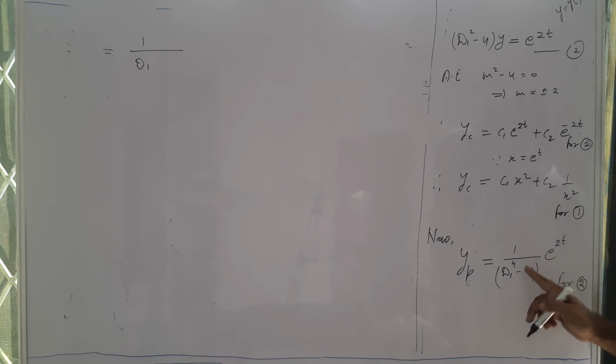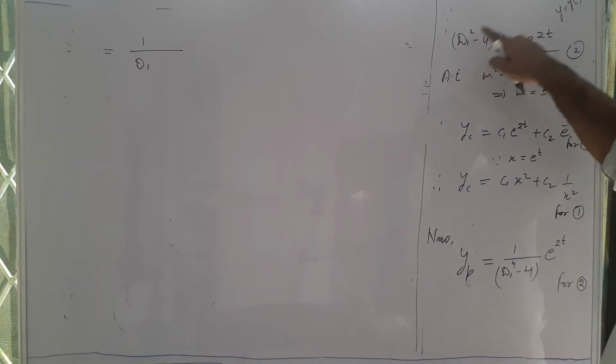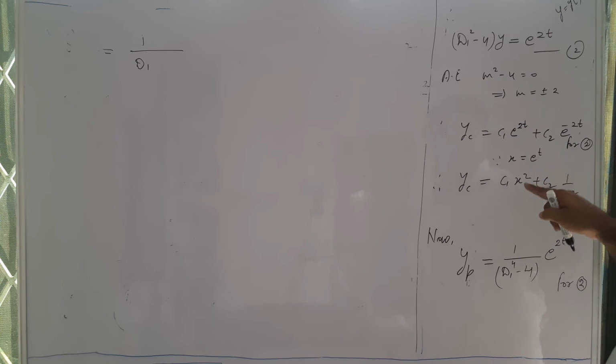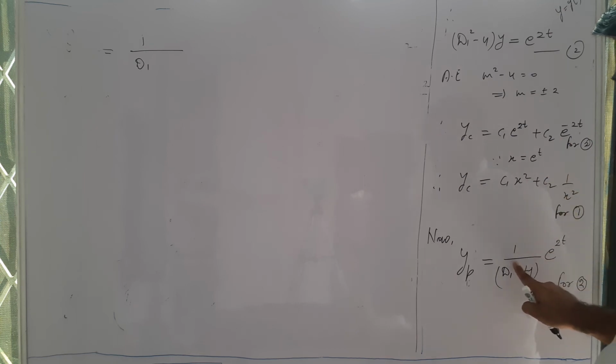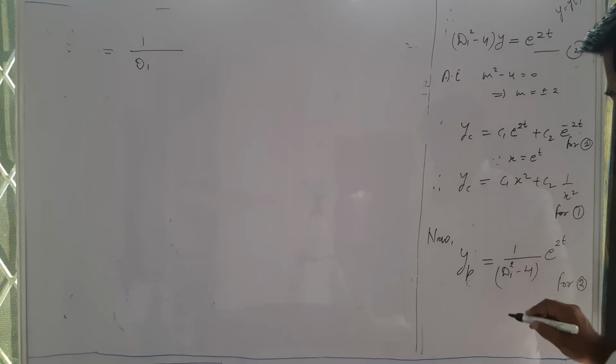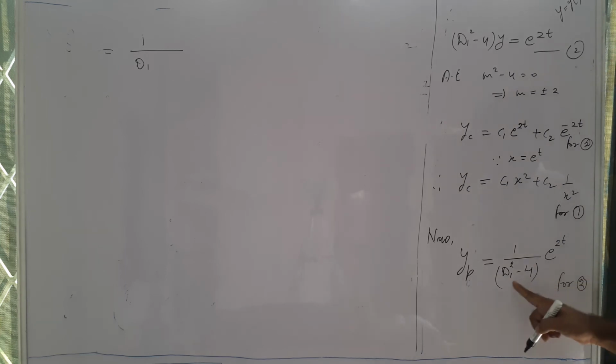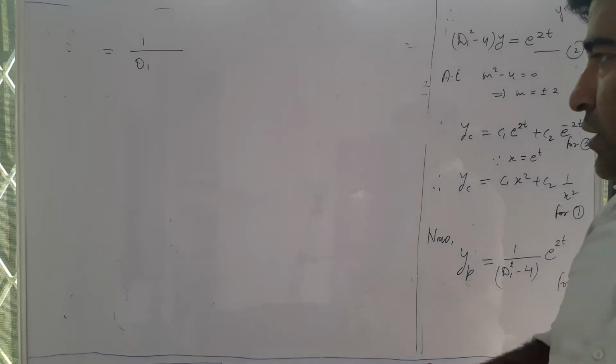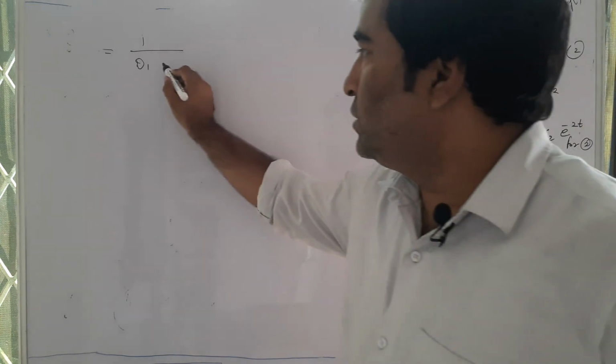We replace D1 by 2, and 4 minus 4 is 0, so we get 0 in the denominator. Now we use the direct formula.